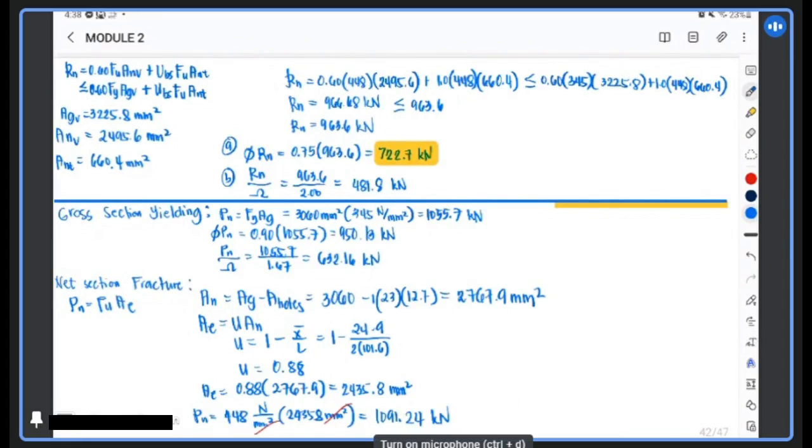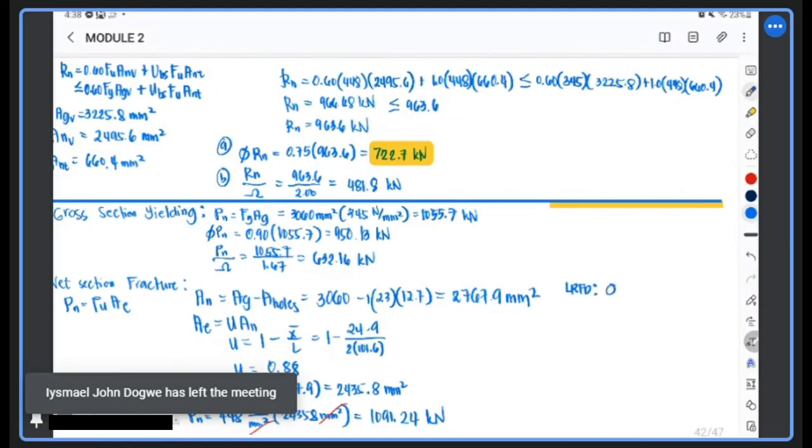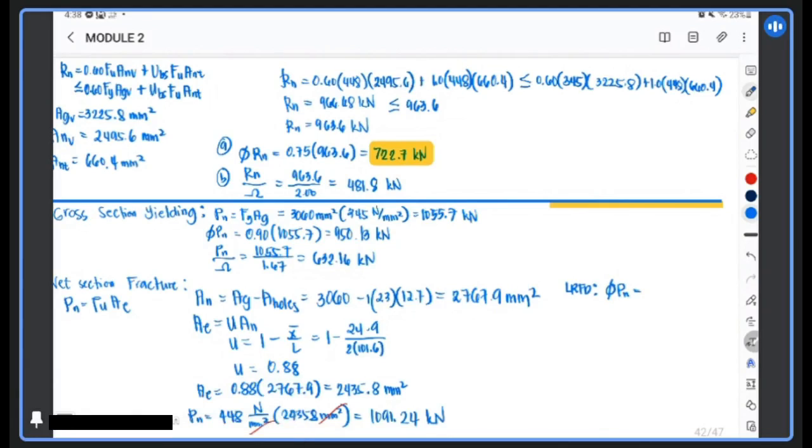Okay, now we can compute for the net section fracture strength in LRFD and ASD. Again, for net section rupture or fracture, we have phi to be 0.75.